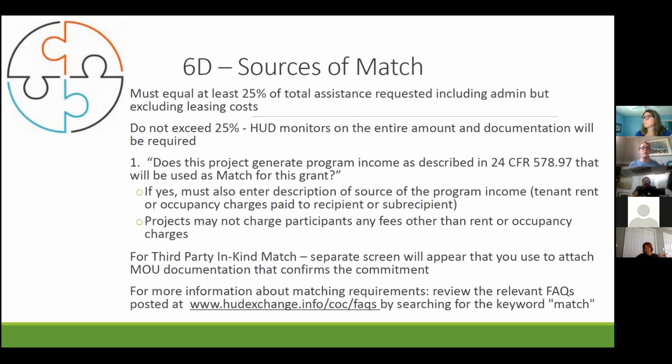Don't go over 25%, because if you put 50%, HUD could monitor, and they should monitor, and they're expecting that amount in your monitoring. If you don't have that amount, they could claw back funds because you're not meeting their compliance goals. We also recommend not doing third party in-kind match. If you can, cash match is always better.